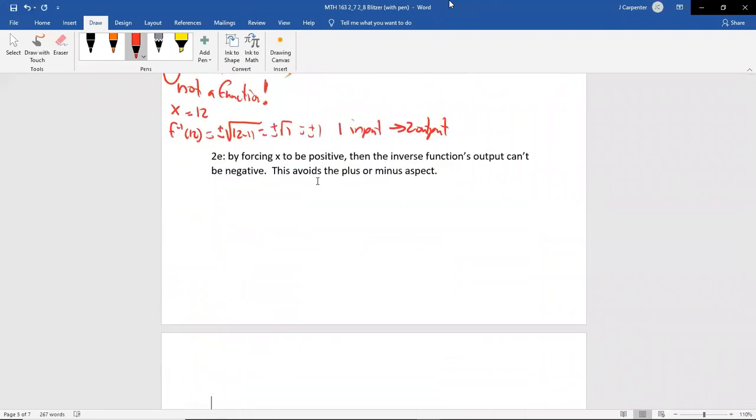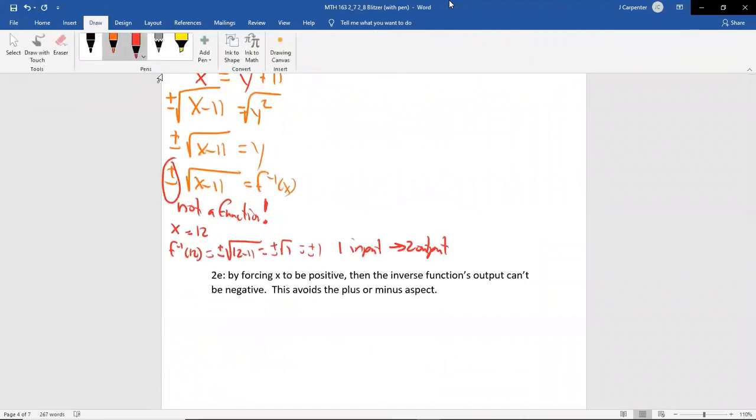For this 2e, and it's going to sound a little confusing because remember the domain of a function becomes the range of an inverse function. The range of a function becomes the domain of an inverse function. So by making that restriction, by forcing x to be positive or 0, by forcing it to be non-negative more explicitly, then the inverse function's output can't be negative.